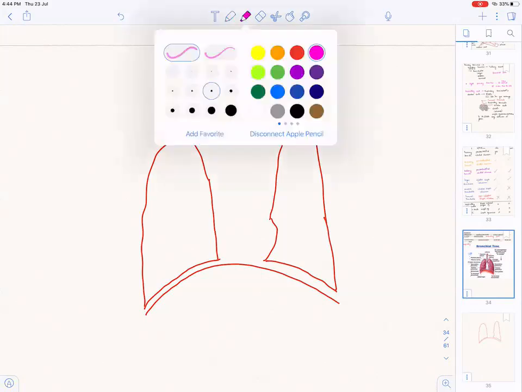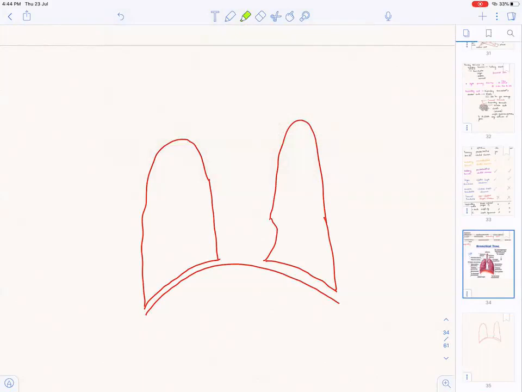So this green colored thing that I am drawing, that's the visceral pleura, because it is close to the lungs, and each lung has separate visceral and parietal pleura with a pleural cavity and a pleural fluid.